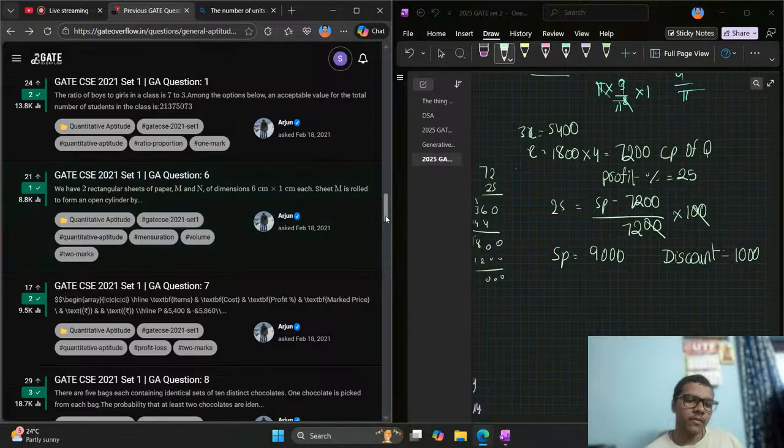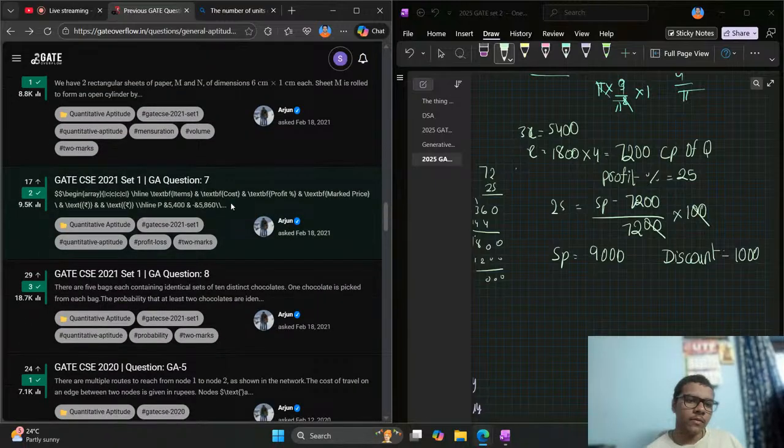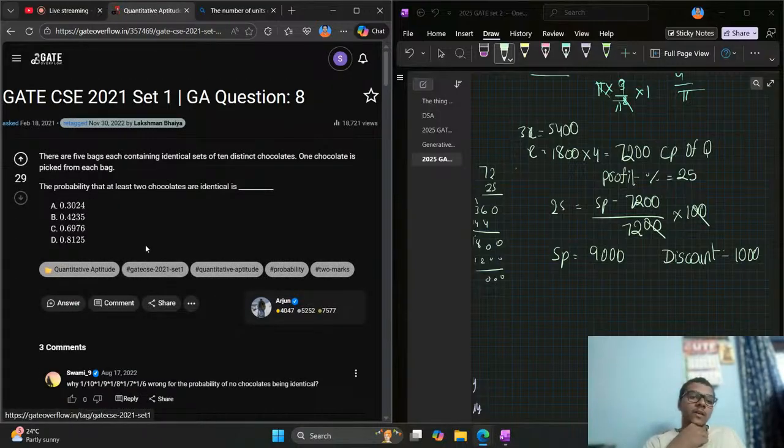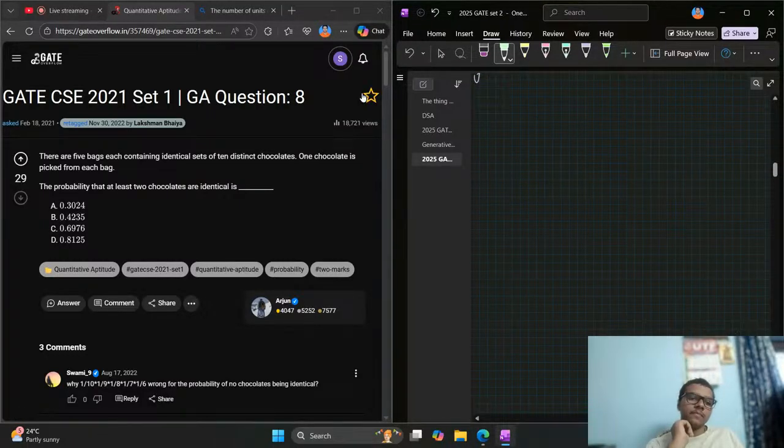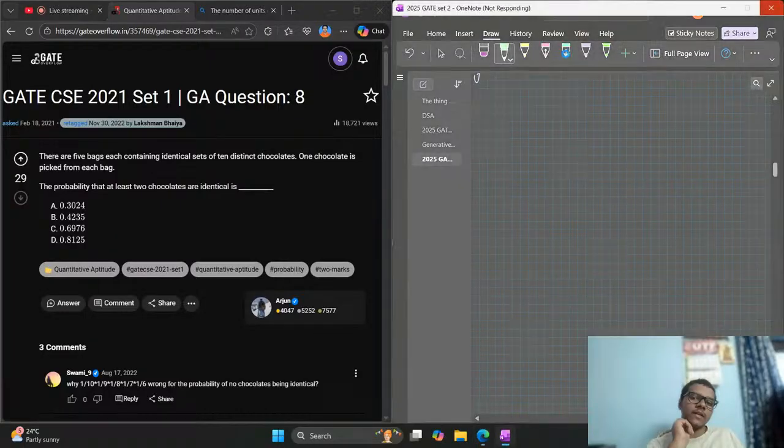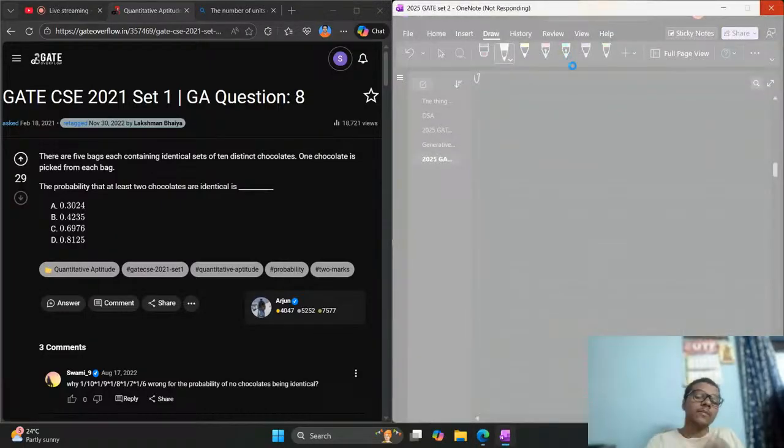What did we do? Yeah, we did this. There are 5 bags each containing identical sets of 10 distinct chocolates. One chocolate is picked from each bag. The probability that at least 2 chocolates are identical is... 5 bags, 10 chocolates, at least 2.